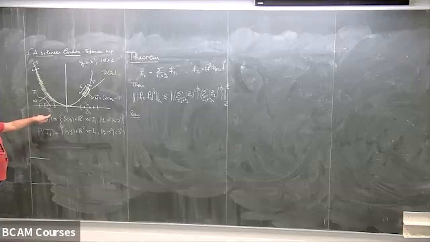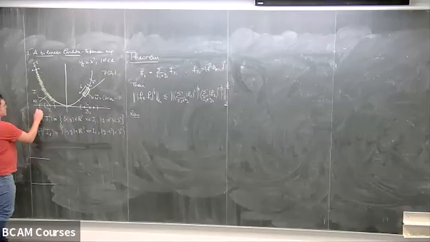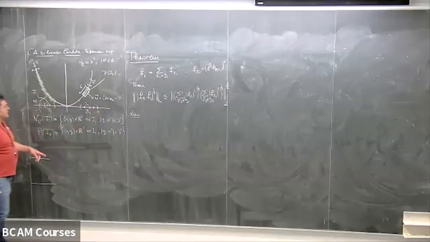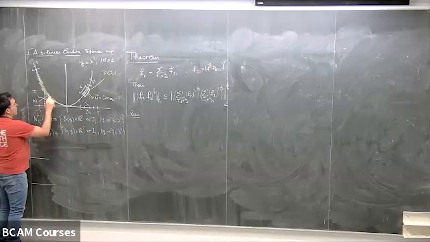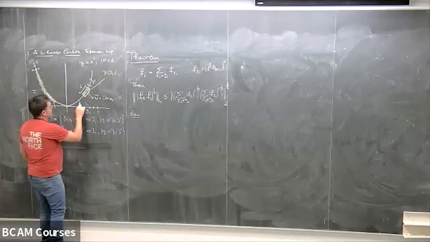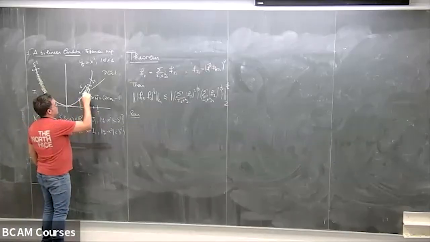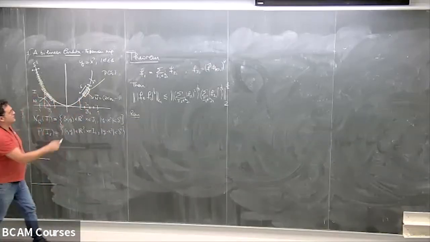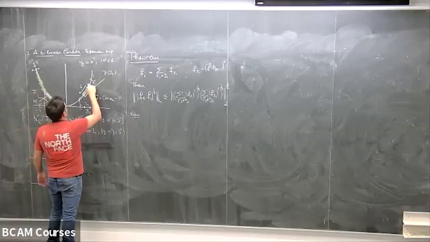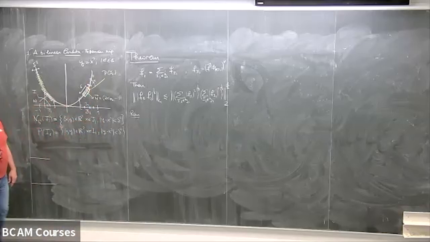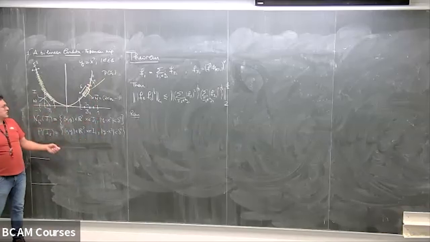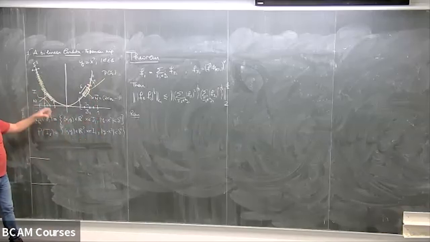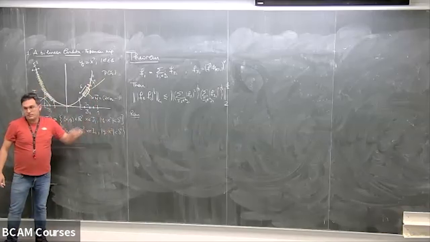I pick two intervals, J1 and J2, contained in [-1, 1], and I consider the neighborhood of the graph of the parabola on top of each of these intervals. So J1 and J2, there's a parabola above them, thickened by delta squared.